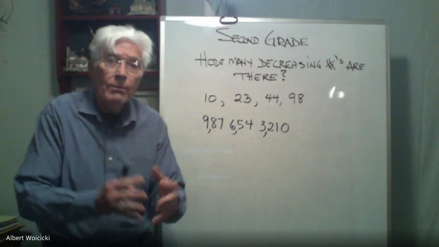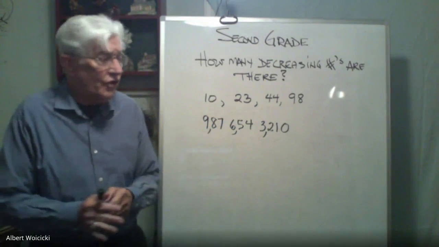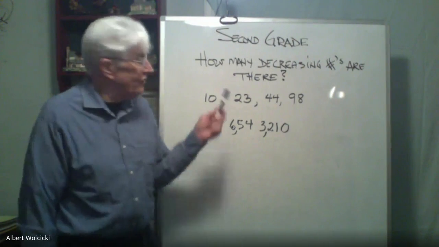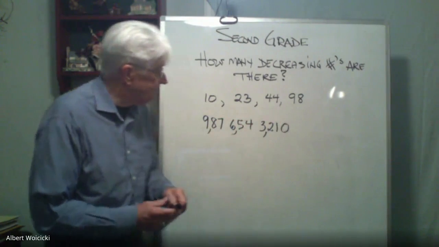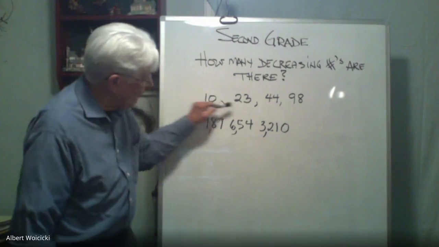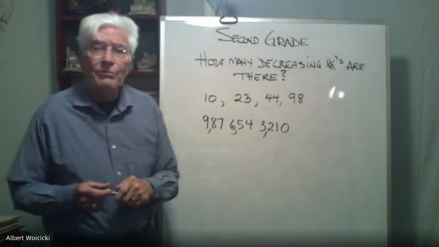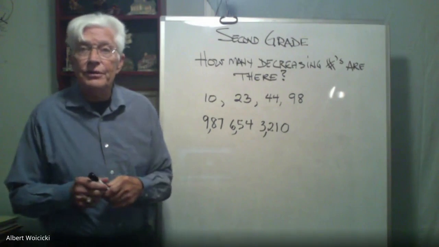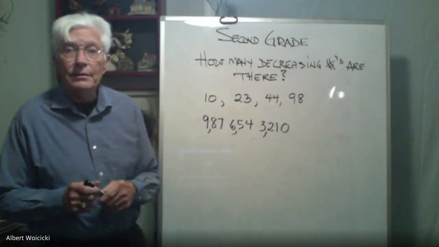Start small, build up through a pattern. So what we're going to do in second grade is we're going to start with the 2-digit numbers. And so here I have 4 2-digit numbers. 2 of them are decreasing numbers. 2 of them are not.